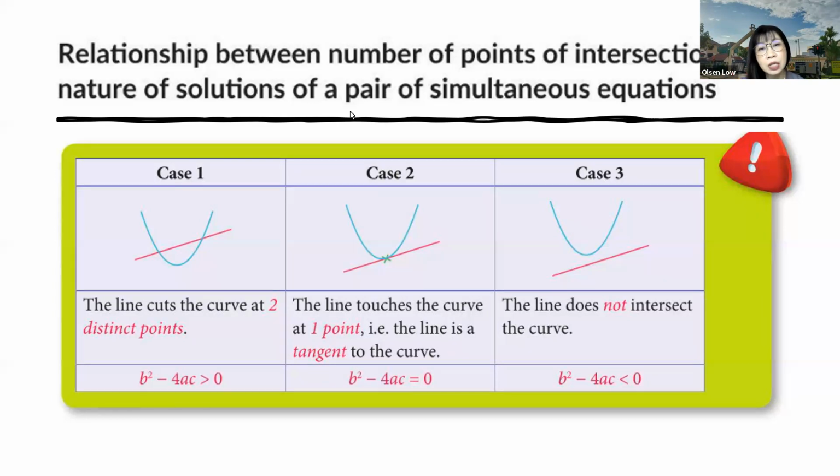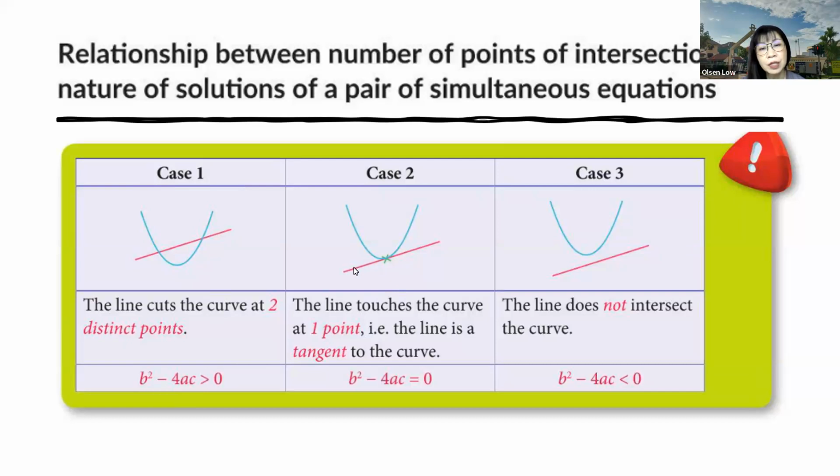What you see here is a pair of simultaneous equations involved. In the first scenario, you will have a line intersect with the curve. In this case, it intersects at 2 points, and hence discriminant is greater than 0.